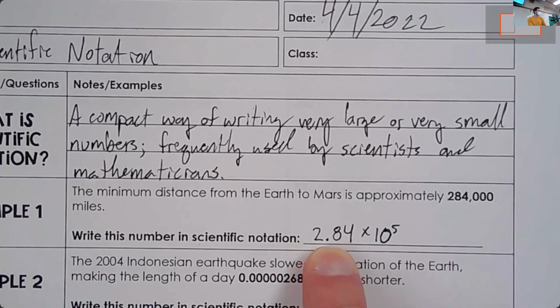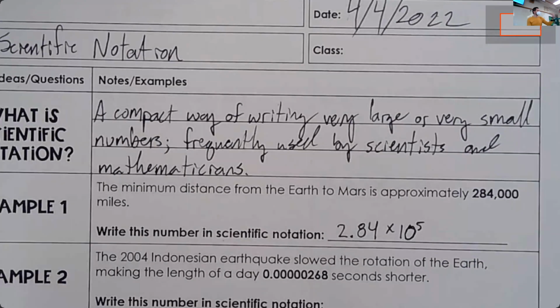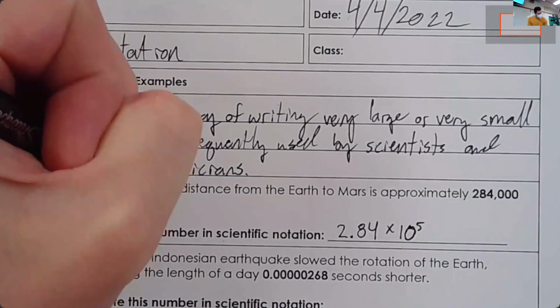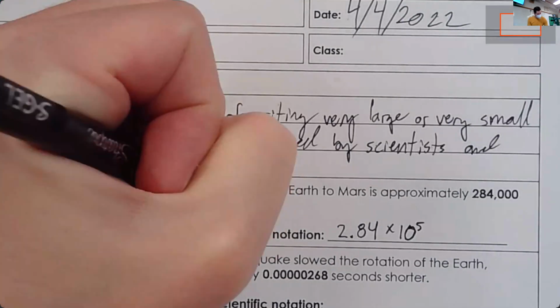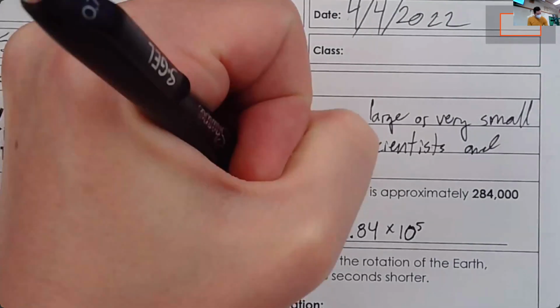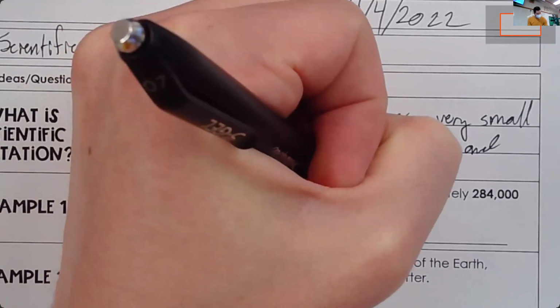It has to be basically a single digit number, multiplied by 10 to an exponent. Single digit number times 10 to a power.